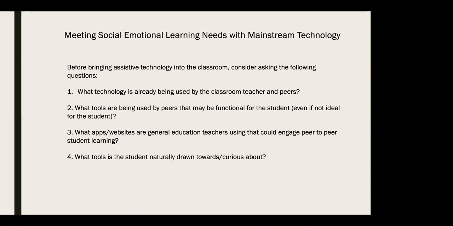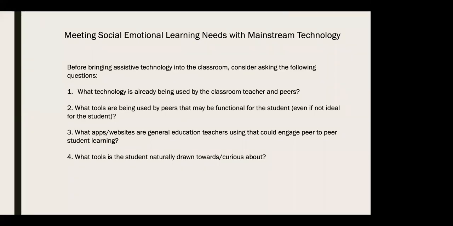Someone that needs to use a dictionary, that's a tool. And you can normalize, and we'll get into this later, the aspect of using tools for kids that have needs for mainstream technology and those that have need for assistive technology. And then, what tools is the student naturally drawn towards and curious about?